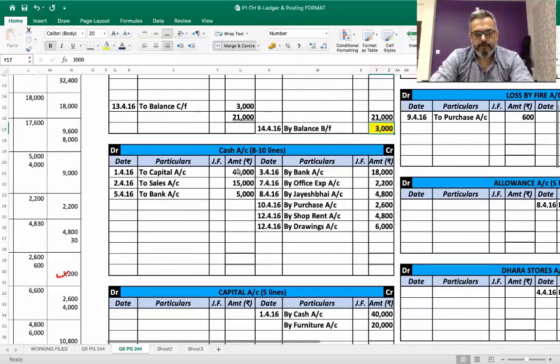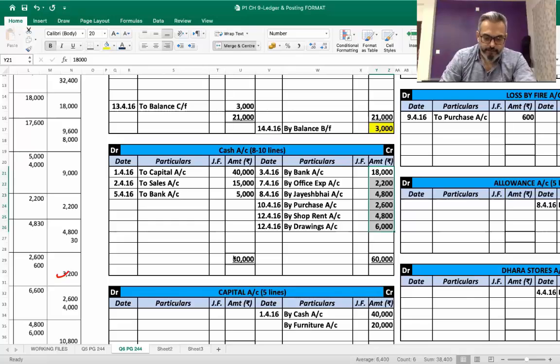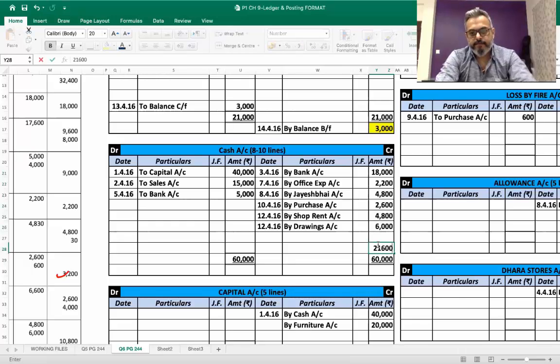Then cash account. We go to cash account, debit side total is 60,000. Now cash, always debit will be more because you cannot spend more than what you have. So 60,000 debit, 60,000 credit. Subtract all these from 60,000. So 60,000 minus 38,400 is 21,600.